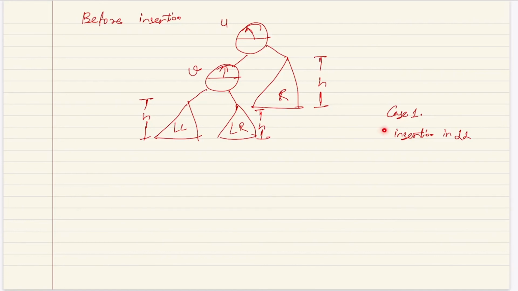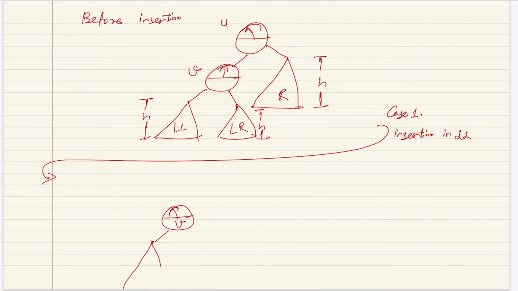Case 1, node V, LL and LR. LR has a smaller height.